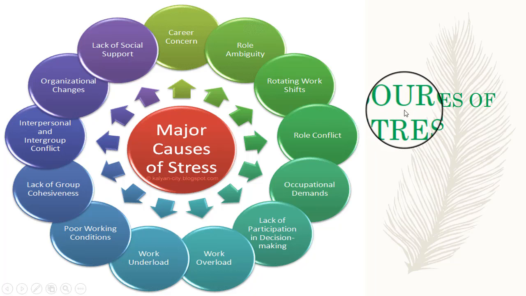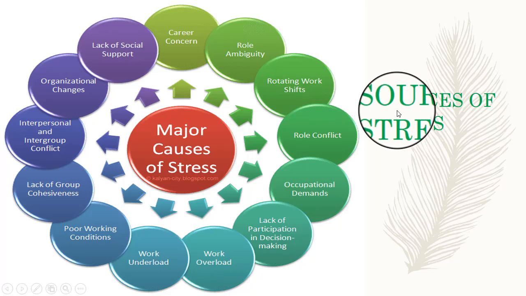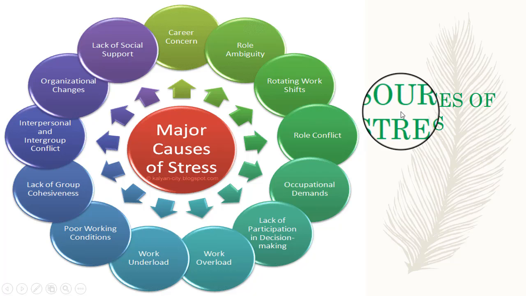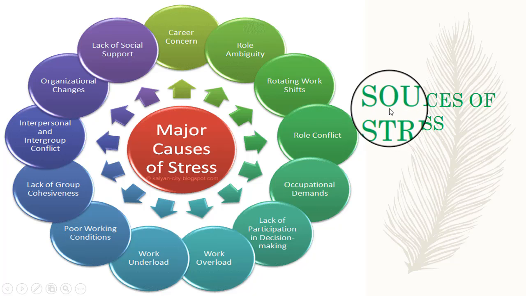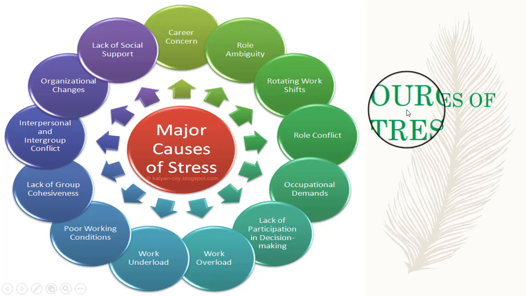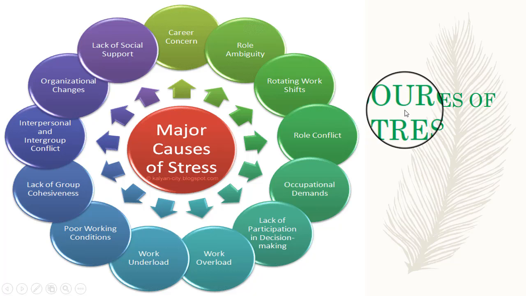Next source of stress is cognitive or psychological factors. Now, what are those factors? They are attitude, belief, our own thoughts. Now, the third source of stress is socio-cultural stress. What are the examples?